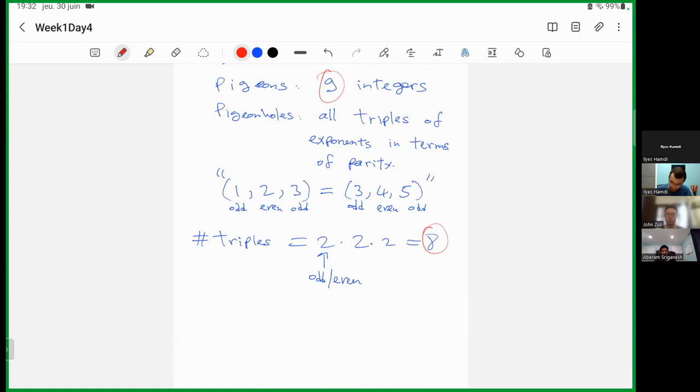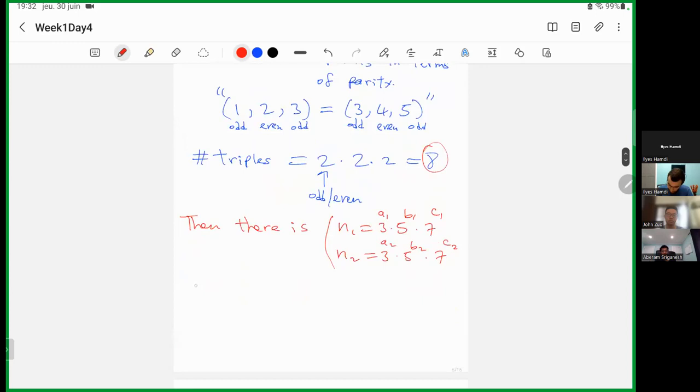Yeah. So if I write this down, there is n1 and n2. I'm writing down their prime factorizations, and I know that a1 and a2 have the same parity.